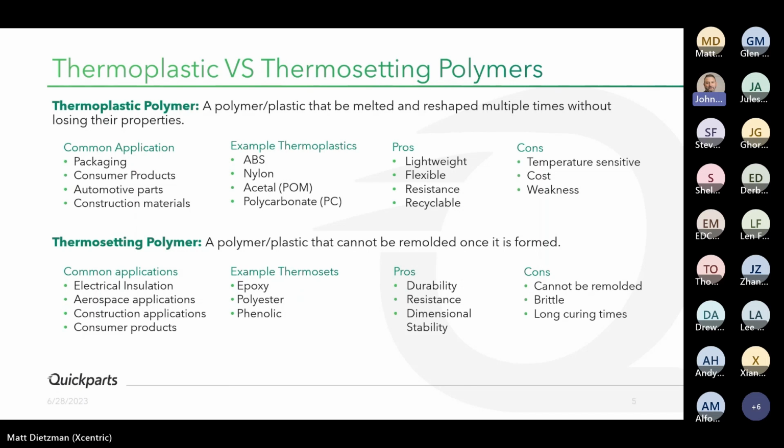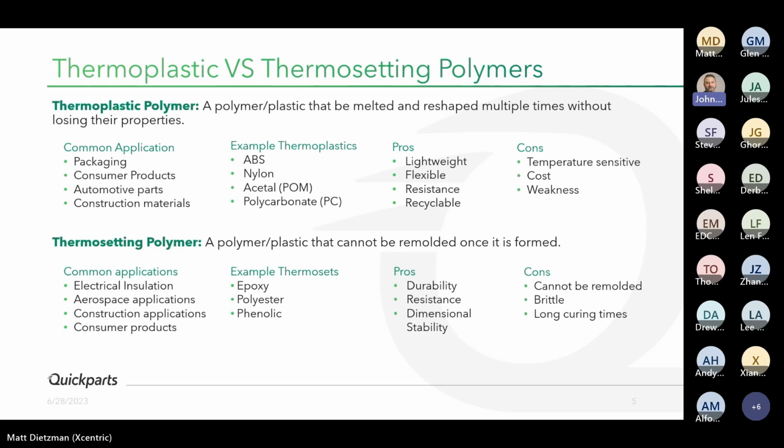Thermoset materials are a little bit different. They're one and done. Once that material sets, you're not changing it. You're going to see a lot of thermosets in electrical applications, aerospace, even some construction applications, due to their heat resistance, durability, and dimensional stability.